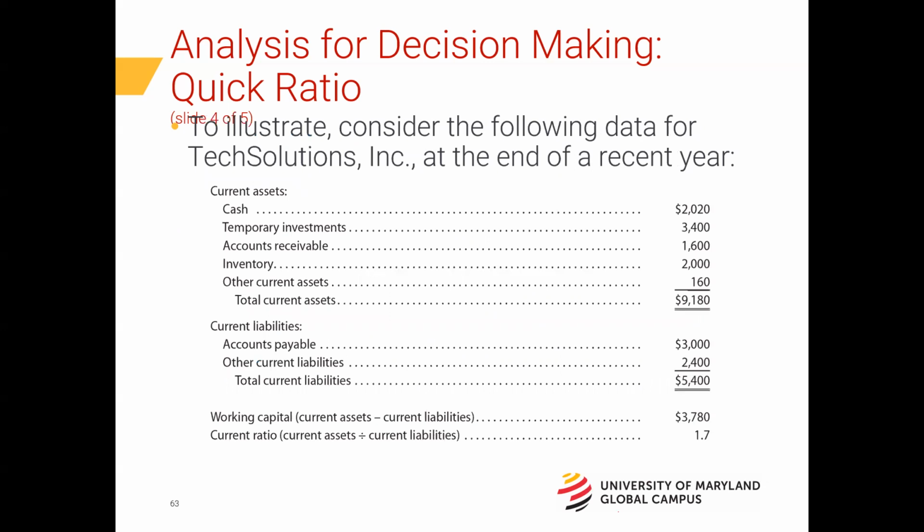To illustrate this example, we have the following information: current assets and current liabilities for this company. We can calculate the working capital, current assets minus current liabilities, 3,780. The current ratio for this company is 1.7. With current ratios, anything above 1 is considered good. So current assets divided by current liabilities.